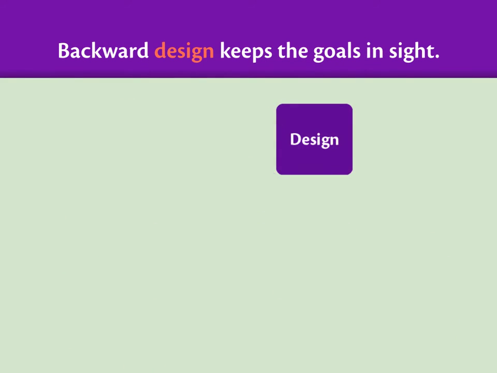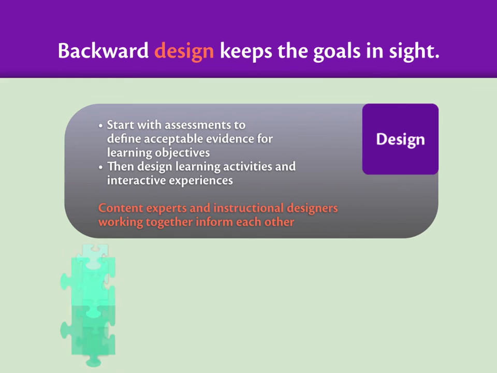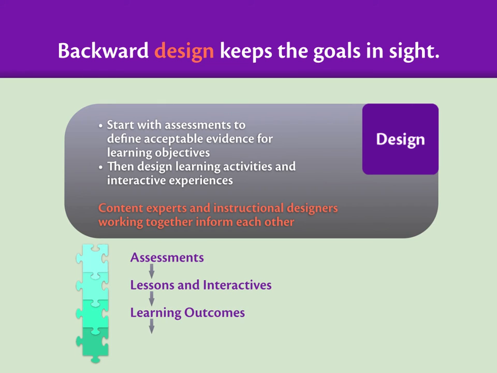In the design stage, instructional designers often use backward design, starting with assessments to define acceptable evidence for learning objectives being met. And then you can design learning activities and interactive experiences that truly build measurable mastery of those learning objectives.